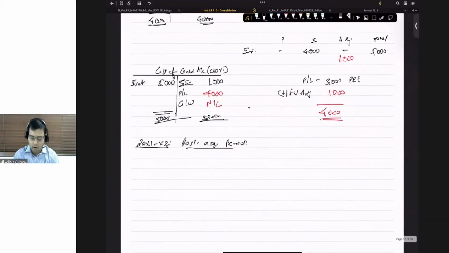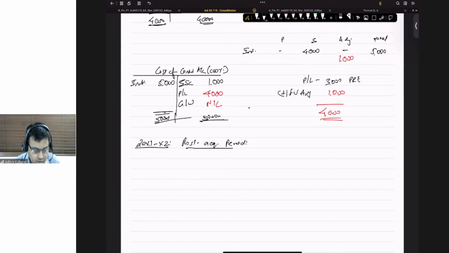Now this is inventory. One thing is sure, this is not going to get depreciated. Sir, then what happens with inventory? Inventory is going to get sold in the future.